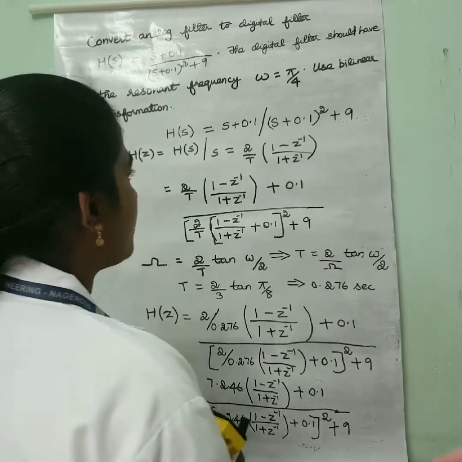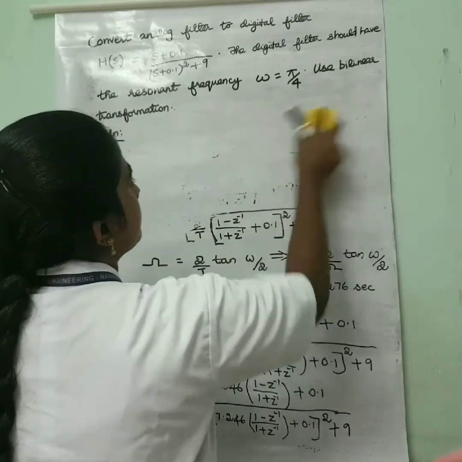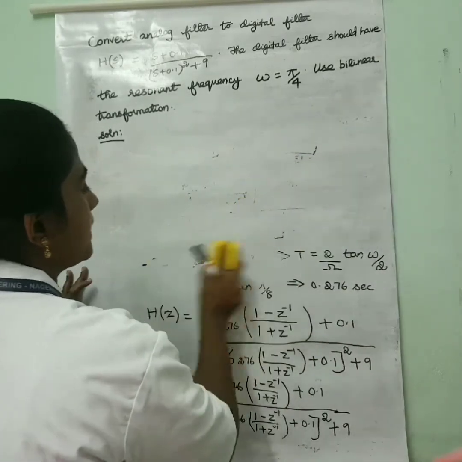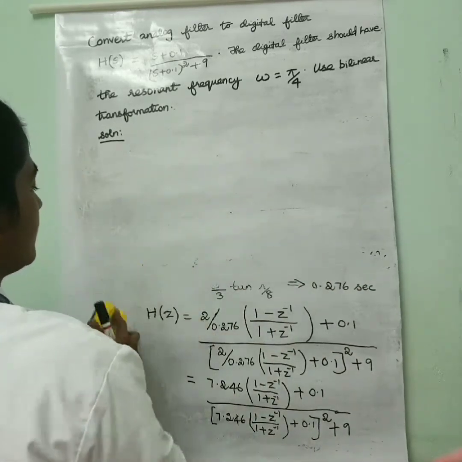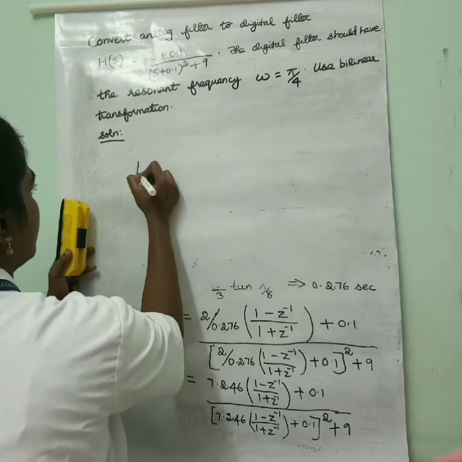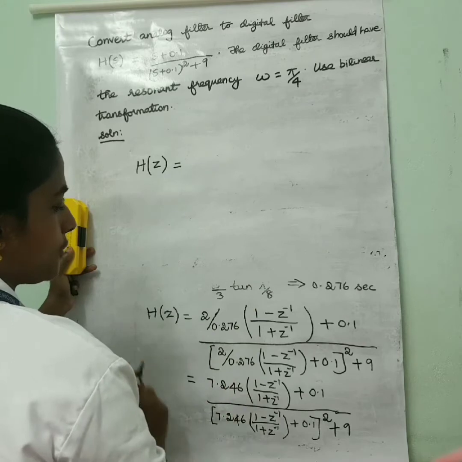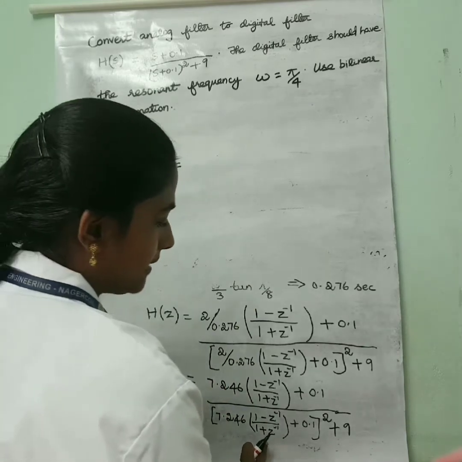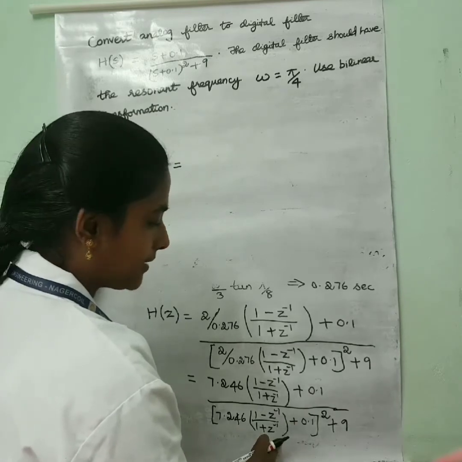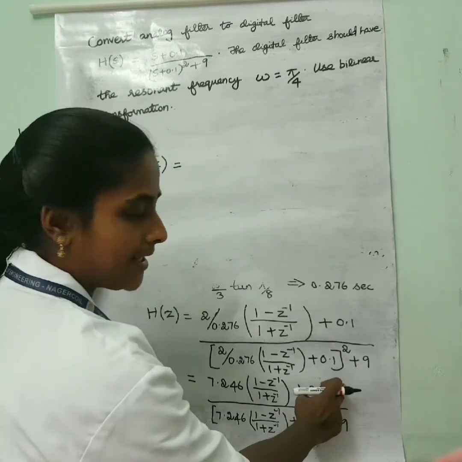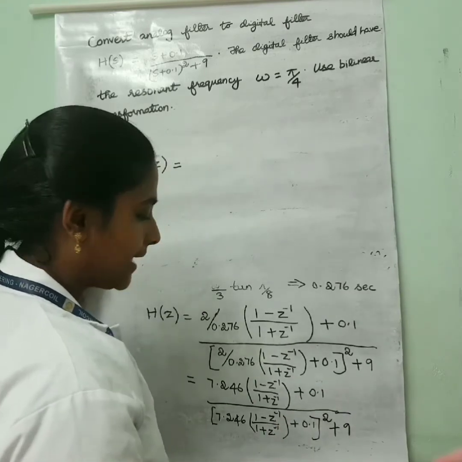Next you can simplify this equation, that is H(z) is equal to the expression with 7.246. Now here in the denominator you have 1 plus z power minus 1, which you can take to the numerator by taking LCM.